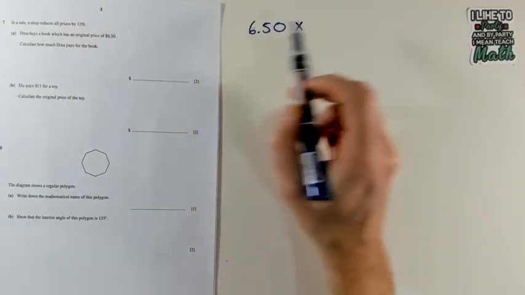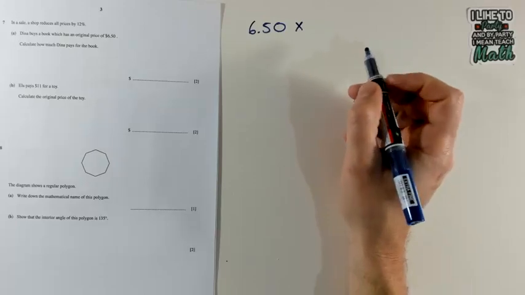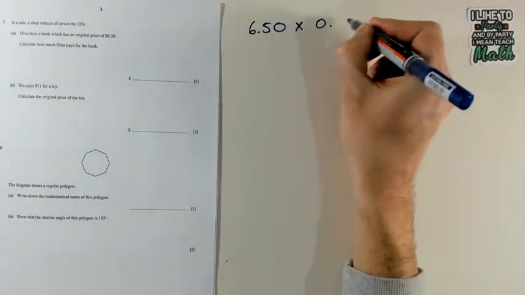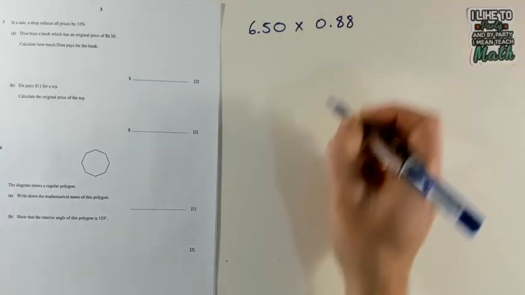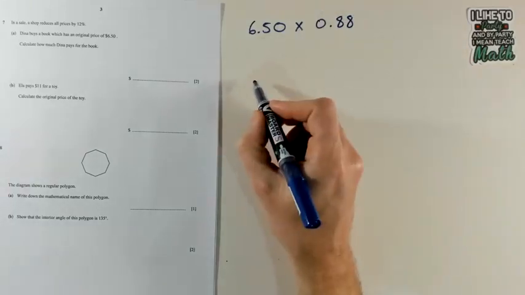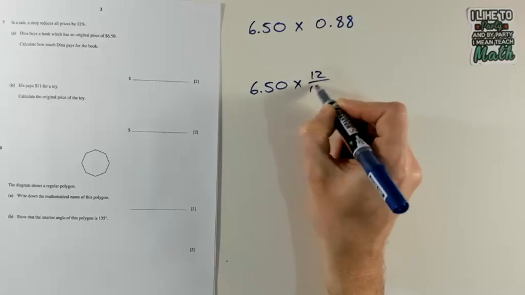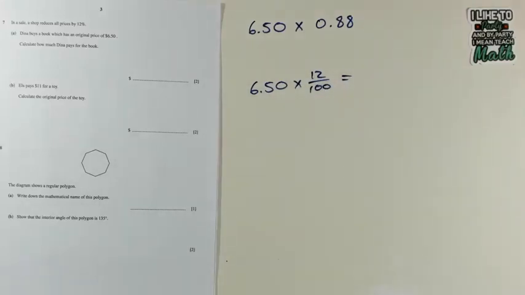If 1 represents 100%, then if I took 12% off, it would be 0.88. Traditionally people go 6.50 times 12 over 100 to find out what 12% is.